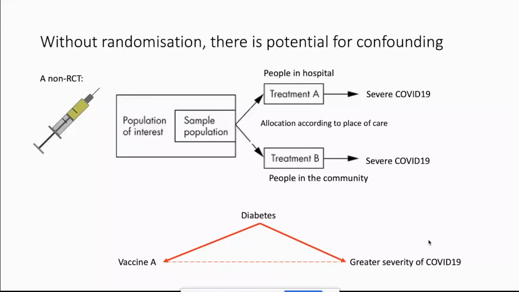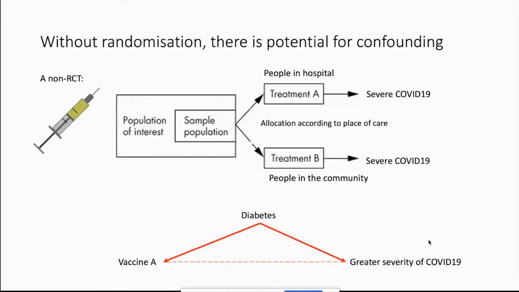Therefore, the pharmaceutical company could conclude that vaccine B, which was only used in the community, was better than vaccine A in terms of severity of COVID-19. However, this is a spurious association because there's a confounding factor: the people in hospital are very different to the people in the community. For example, people in hospital would have higher rates of diabetes and be more frail, so they'd have a lot more comorbidities.